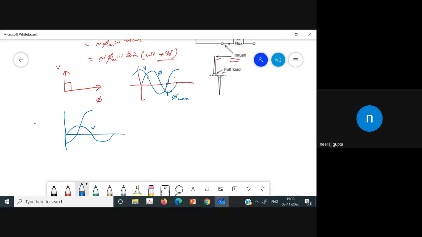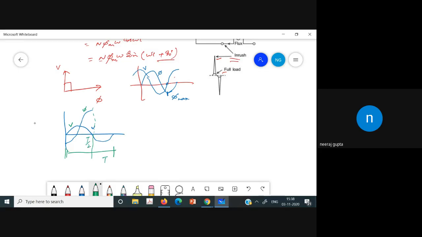This is the voltage waveform and this is the flux waveform which lags it by an angle of pi by 2. Now, this is the time period, let us suppose T, and here we will have T by 2.